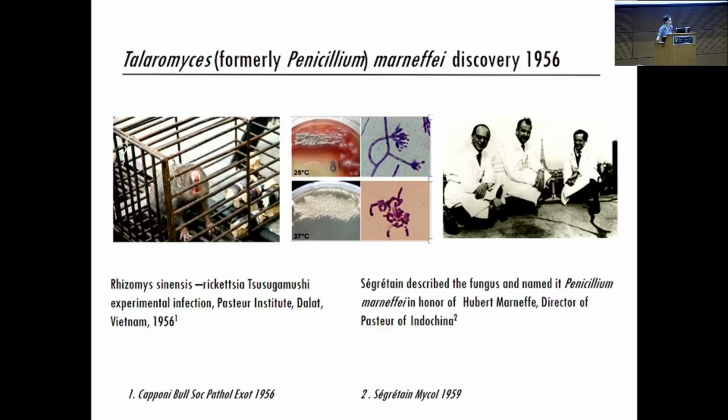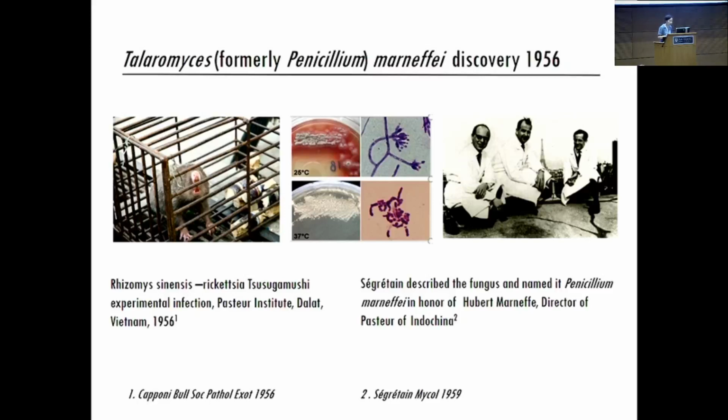It was discovered in 1956 in Vietnam at the Pasteur Institute in the Highland City, where microbiologists were studying Susugamushi fever. They used the wild bamboo rat caught in the highland as an experimental model, and they identified the pathogen in the liver and spleens of these bamboo rats.